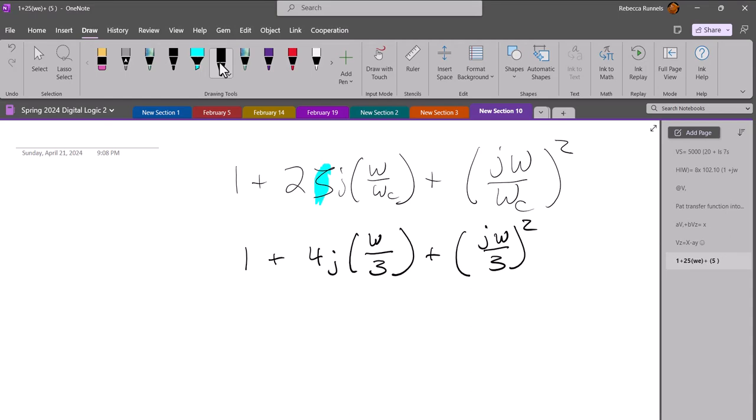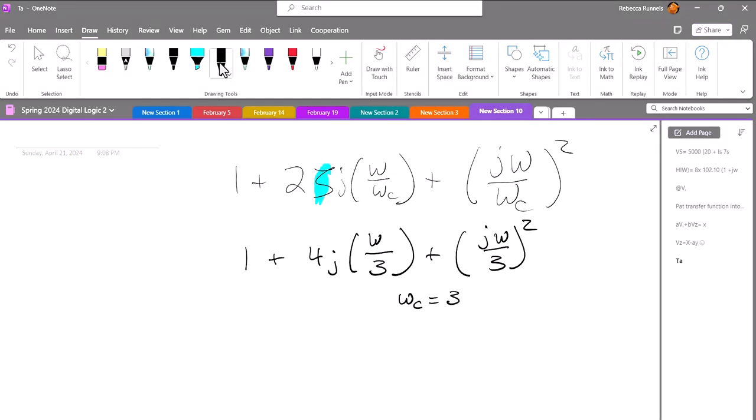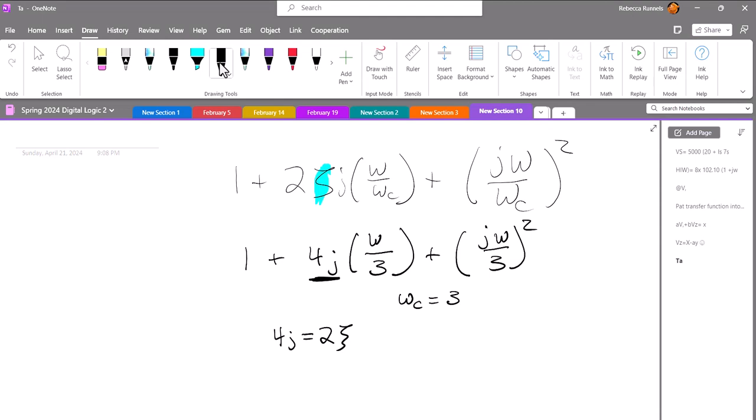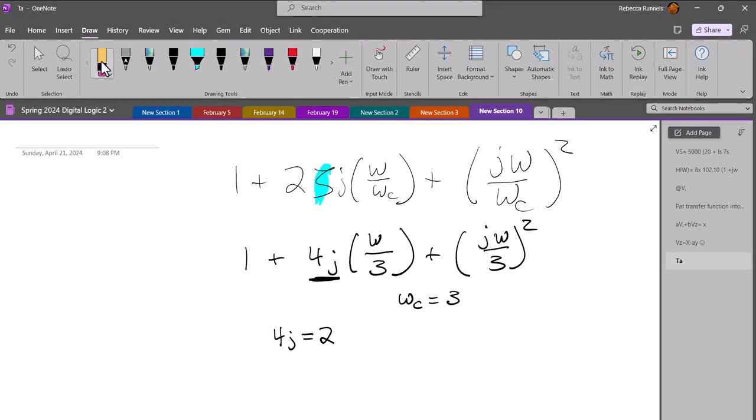Okay, so this one, it is easy to see that omega c is 3, and that our damping factor right here, so we've got 4j equals 2 zeta j.